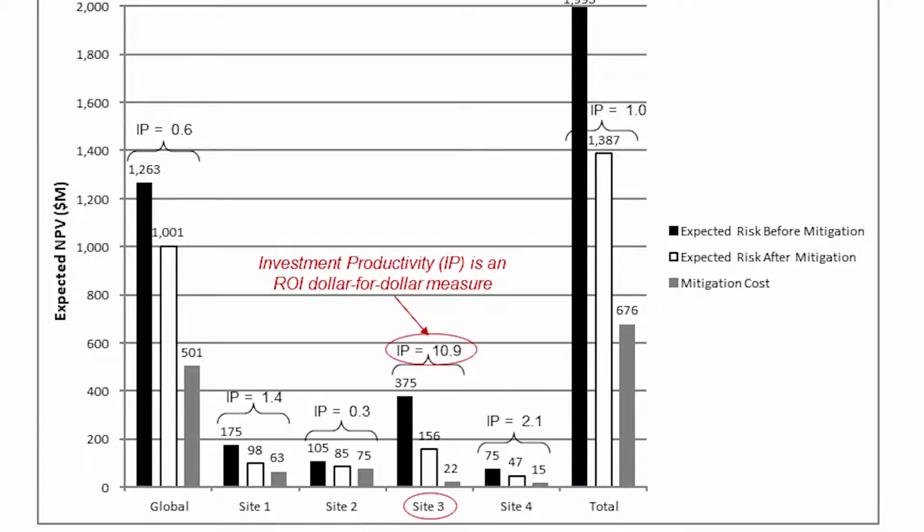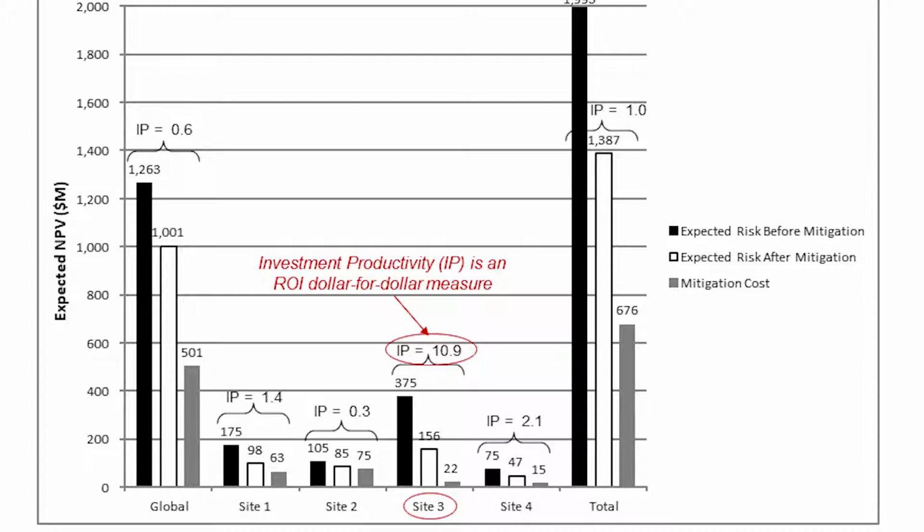Investment productivity is a return on investment dollar for dollar measure. For every dollar of mitigation spend at Site 3 regarding contamination risk, we expect to protect about $10.9 or $11 as measured in today's or current dollars.